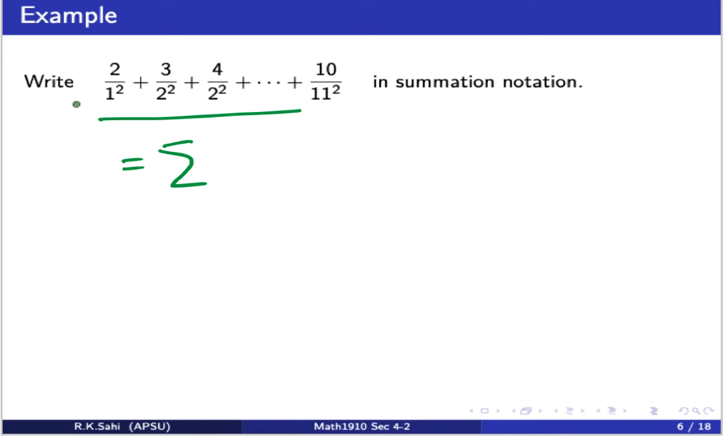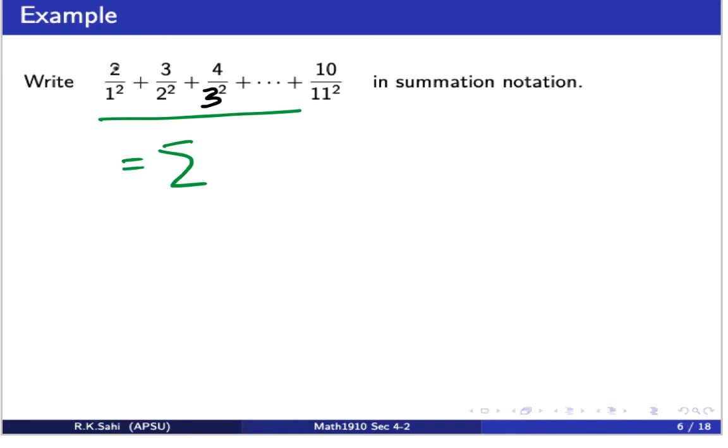So notice what's happening. The top is changing. It's 2, 3, 4, and it goes till 10. Even the denominator is changing. 1, 2, oh, this should be a 3, guys. A typo. Up to 11. So notice some things.